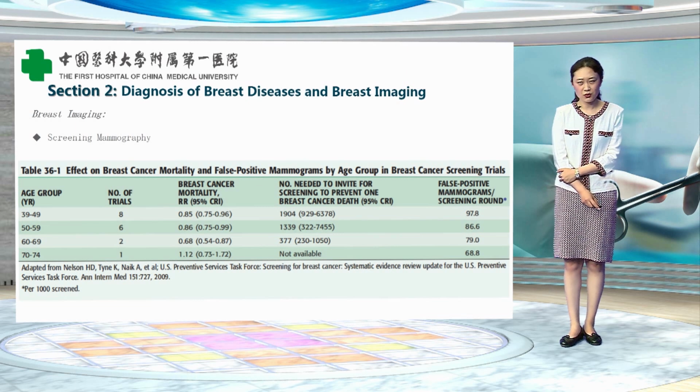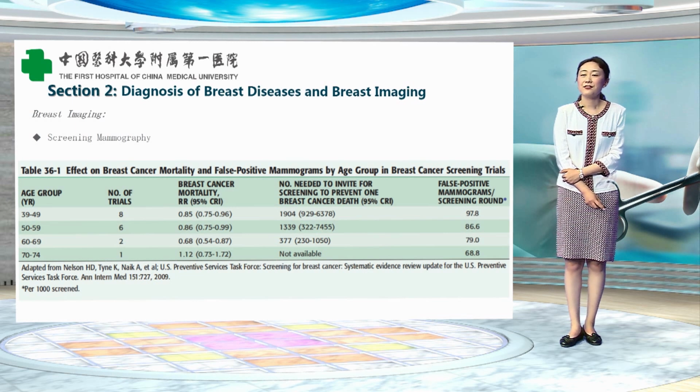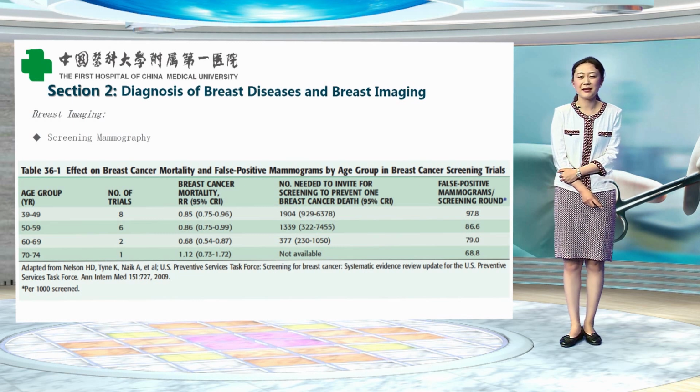So annual mammography is strongly recommended if the patient is over 60. It is also recommended that all women over 40 receive mammography annually or every 2 years.